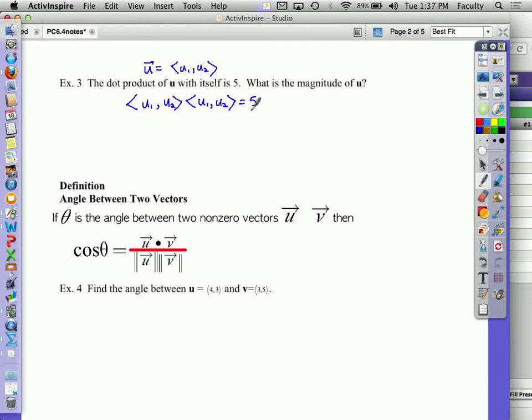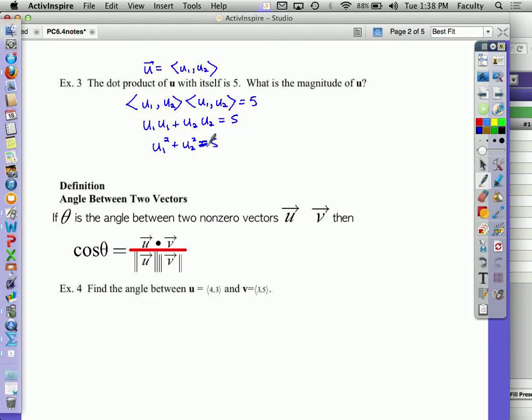Well, that's u sub 1 times u sub 1 plus u sub 2 times u sub 2. And so I'm really, whoops, that's supposed to be an equals. So I'm just playing the game, what do I know? What do I know? And you just want to keep asking yourself questions.